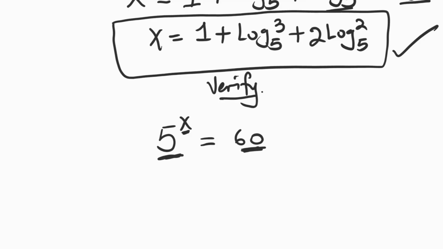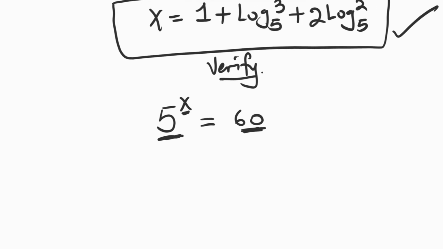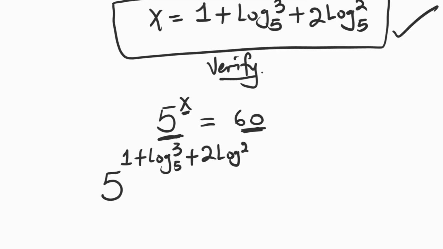That means the left hand side should be equal to the right hand side by the time we're done. So let us go ahead and plug in the value of x. So we have 5 raised to the power 1 plus log of 3 base 5 plus 2 log 2 base 5. Is that going to be equal to 60?